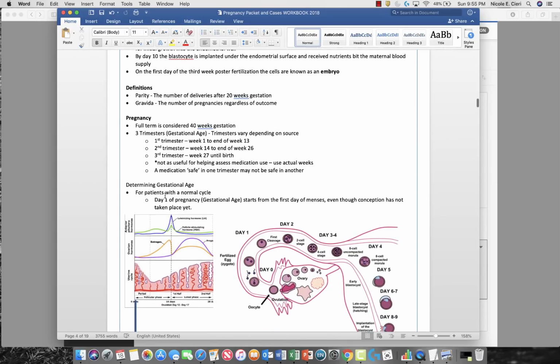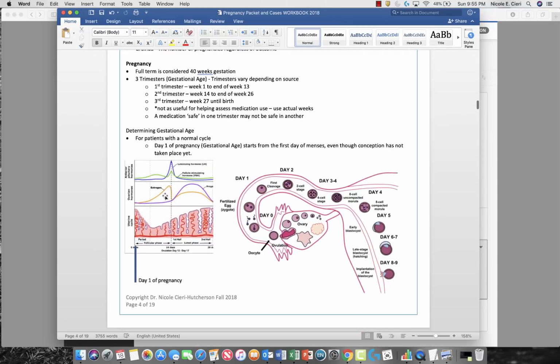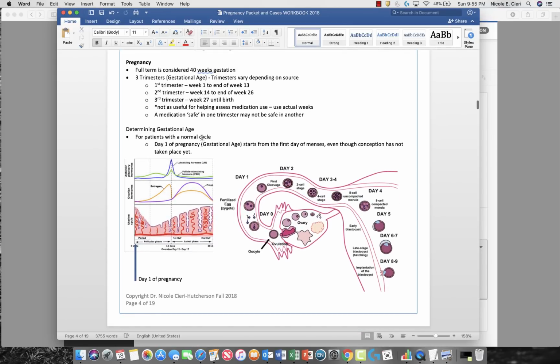So the first thing I like to talk about is determining gestational age. For patients with a normal cycle, which means it's about 28 days long, the first day of pregnancy is day 1 of the last menses. This is a little bit difficult to understand, so we'll remind you with the menstrual cycle.